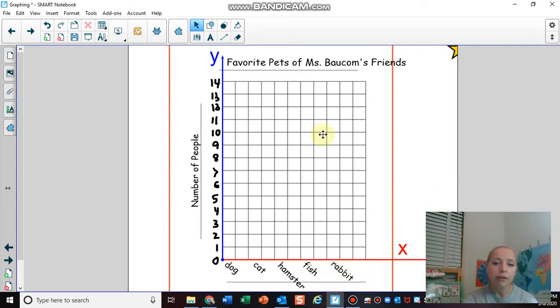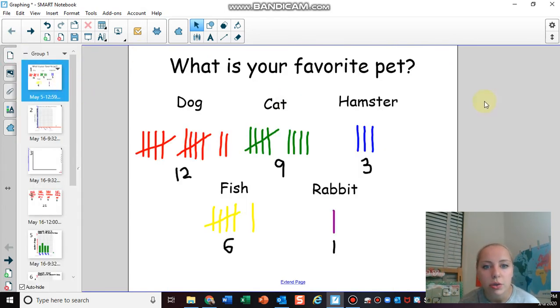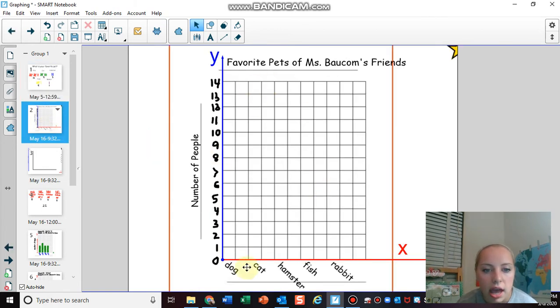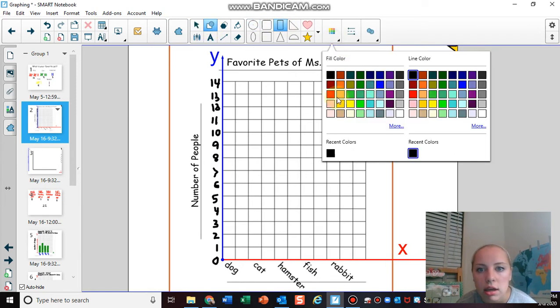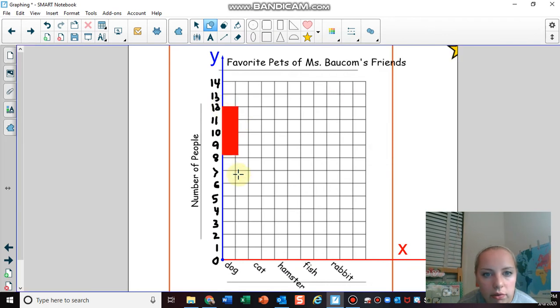Now we're going to color code our bars based on the colors we used to make our data chart. Let's go to dog and see how many votes it got. It says dog got 12 votes, so where it says dog along the x-axis, we make our bar line up with the 12.